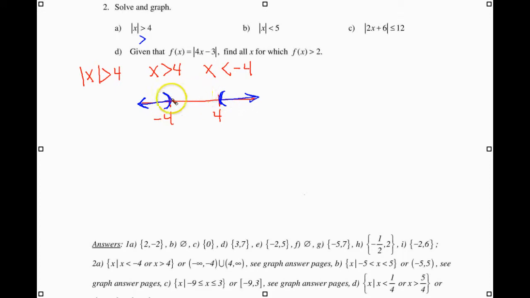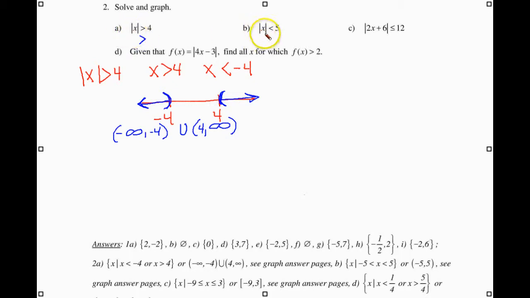So when we go to put that in interval notation, it's in a sense a union, which would come from negative infinity up to negative 4 with a parenthesis since it's not included, union 4 is not included, that's why we use a parenthesis, up to positive infinity. And that is for letter A.